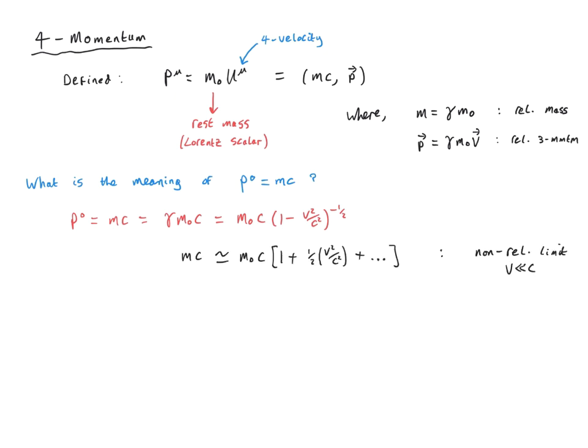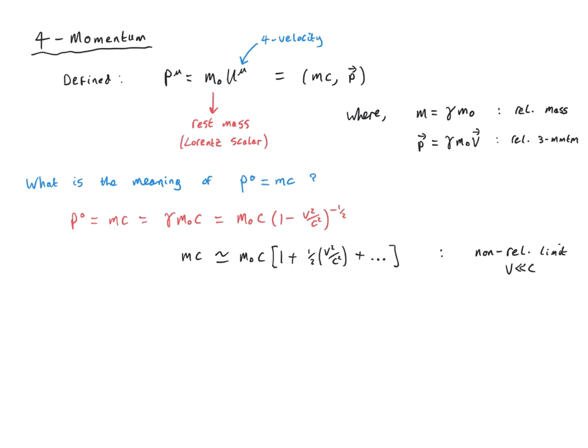Let's now consider specifically the non-relativistic limit, where the velocity of the particle v is much, much less than the speed of light c. In that case, we know that v squared over c squared will be extremely small, and we can perform a Taylor series expansion of this gamma factor. We've done this a few times before, the result should be familiar by now.